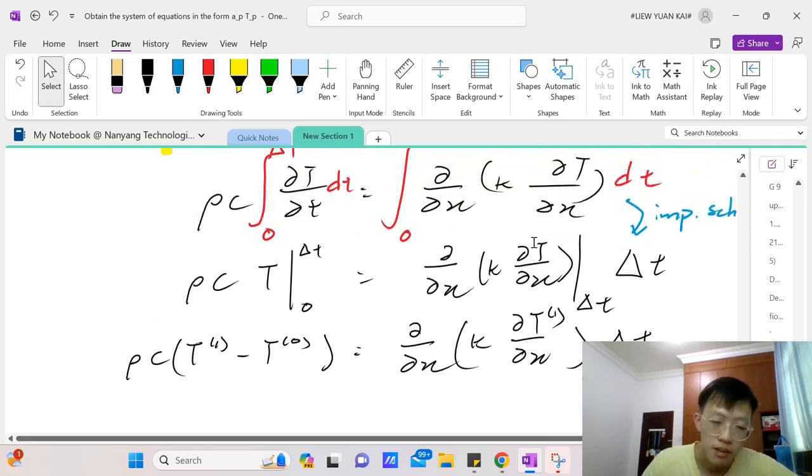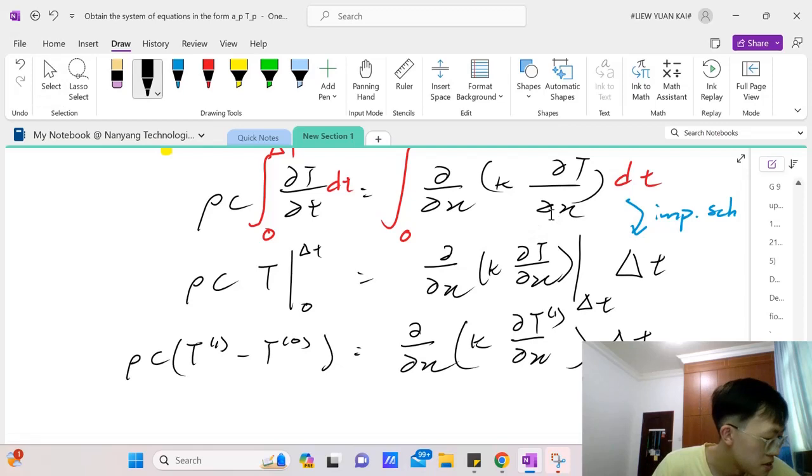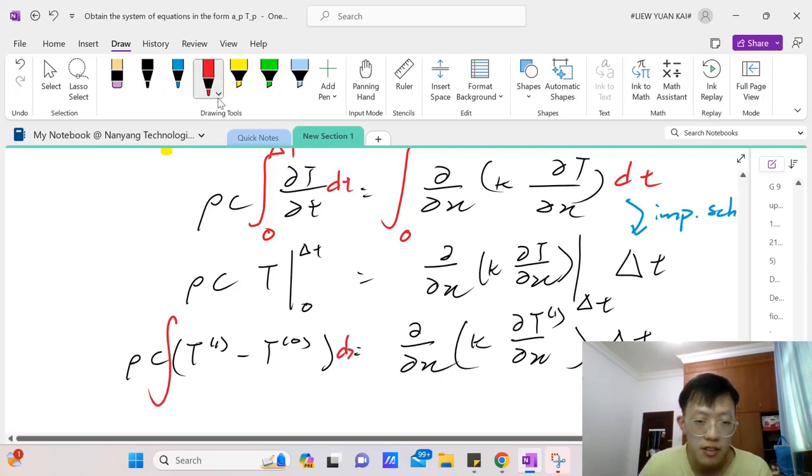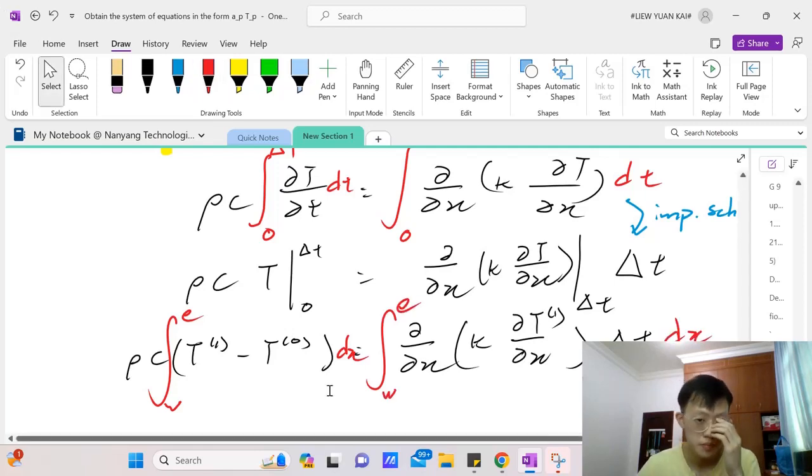Okay, what's the next step? Now we have to use the finite volume method. The finite volume method states to integrate over the control volume, right? Integrate over the control volume means you integrate with respect to x from small west to small east. Integrate this side also from small west to small east with respect to x.